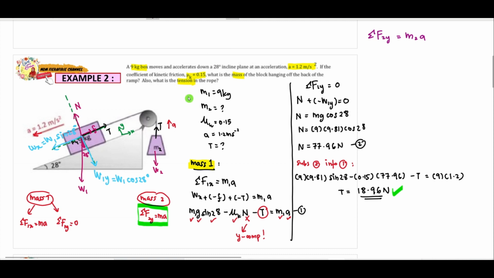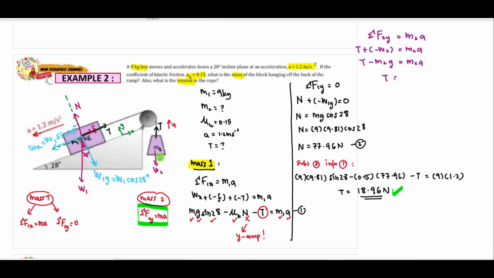M2 ada dua saja force in Y component. Kan, T dengan W2. So, sekarang, the direction of T is same direction dengan A. So, saya akan consider ini sebagai positif. Jadi, saya akan total up total force in Y component T plus negative W2. So, dia akan jadi T plus negative W2 equal to M2A. So, sekarang, kita rearrange dulu. Ini adalah M2G equal to M2A. Alright?